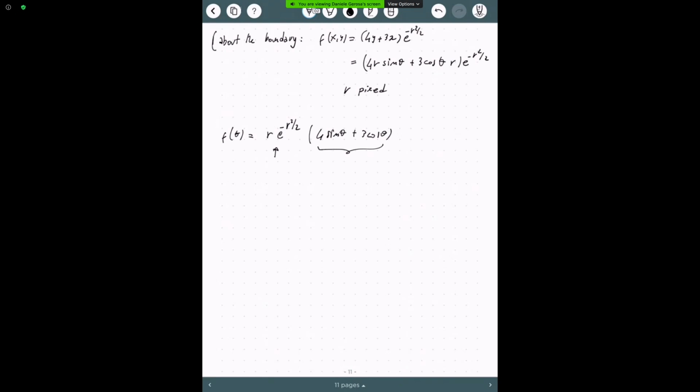So the exercise here: try to compute the max and min of the function 4 sine theta plus 3 cosine theta, with theta belonging to 0 to pi, and conclude.